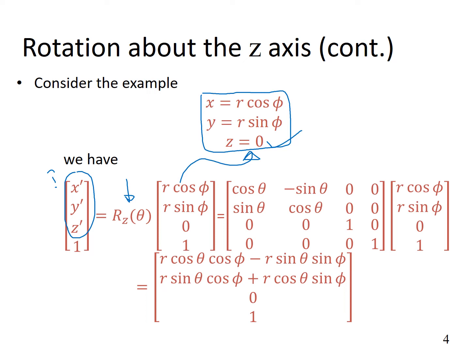If we consider the rotation matrix that we derived in the previous slide, with the weights of x dash inserted here and y dash inserted here, and there are 0 weights for the z coordinate basis with 1 over here, so that the z coordinate doesn't change, again because we are performing rotation about the z-axis.